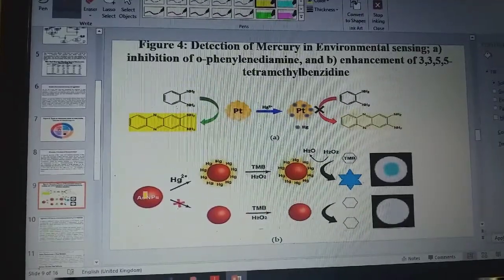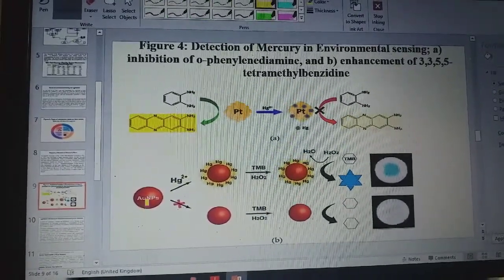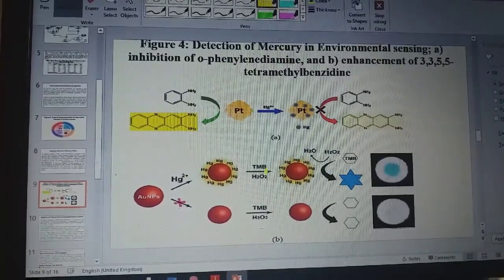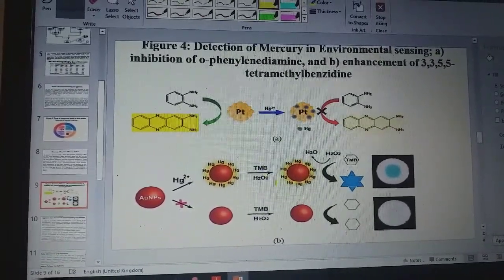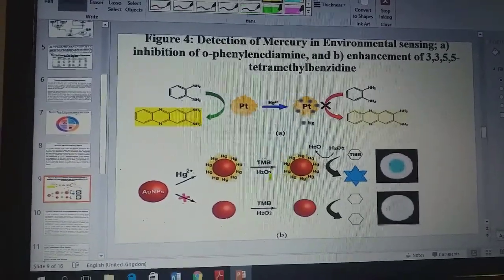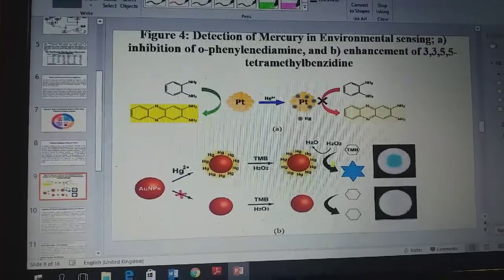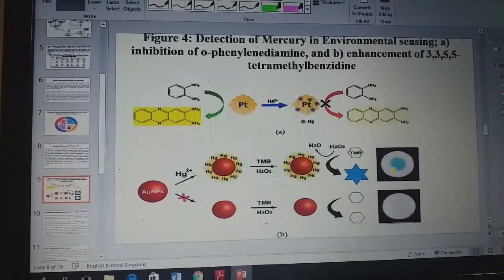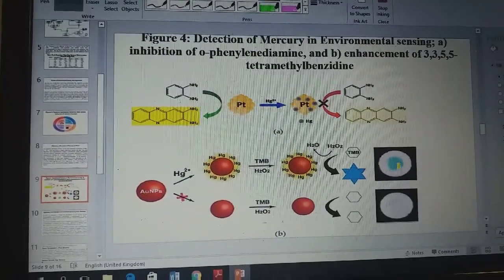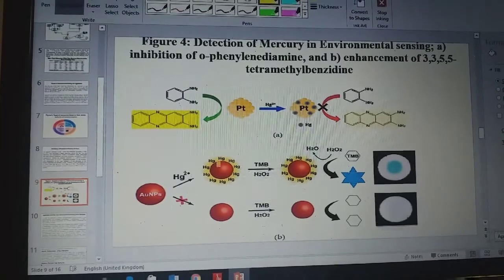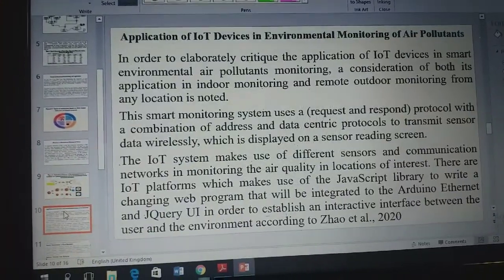But in this one, once ammonia attaches to the gold surface, inhibiting this in the presence of a peroxidase oxidase as an enzyme, you remember it mimics these enzymes, automatically you see that there is a detection of mercury.